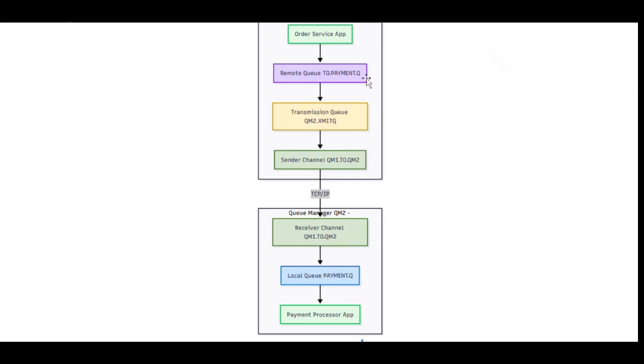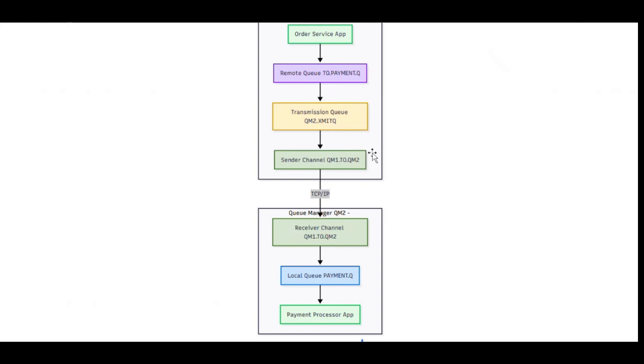But remote queue does not store any messages. As soon as the order service application sends messages, the remote queue contains the queue manager 2 details and the local queue details. So it will send the messages to the transmission queue, and the transmission queue is responsible to route the messages over sender channel to receiver channel.